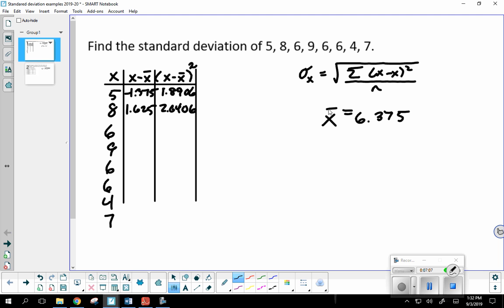Okay. Now, the good news is we have 3 6s here, so this is going to make it easy. John Henry, 6 minus 6.375. Okay, so this is going to be negative 0.375, negative 0.375, negative 0.375. And what do we get if we square that, John Henry?